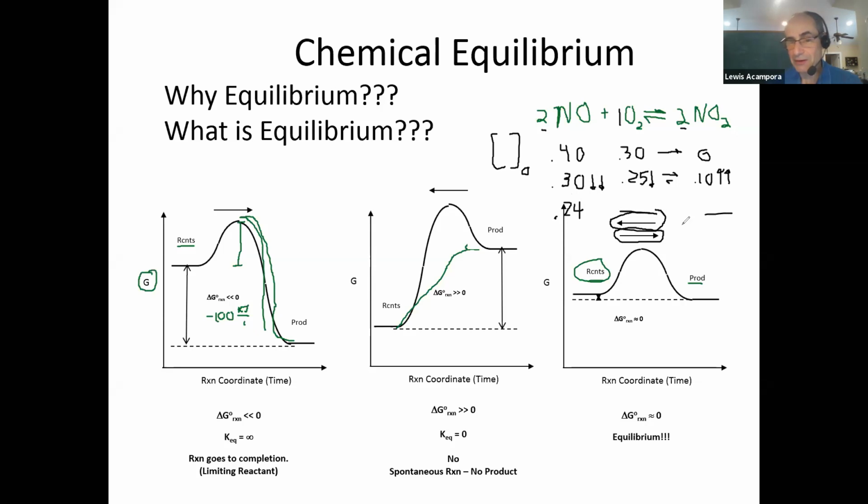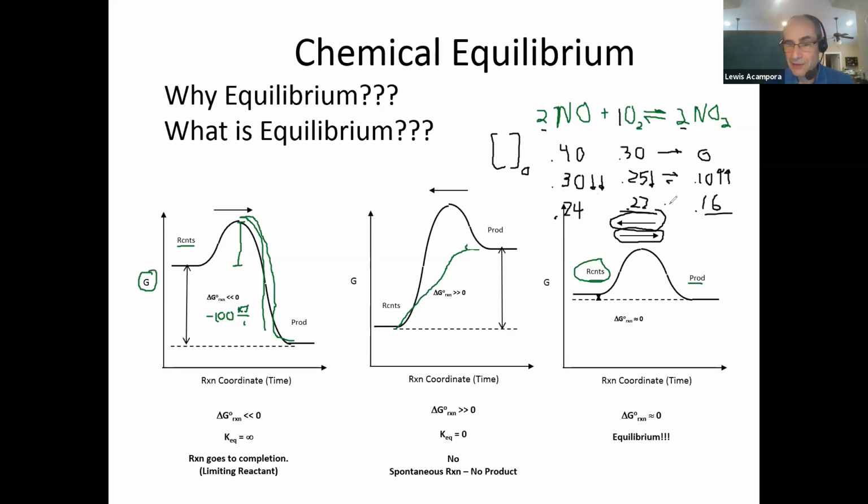So I'll give you a moment to think about that. And rather than wait for the chat box, we'll move along expeditiously and say, well, this decreased by 0.06, so that's going to decrease by 0.03 to 0.22. And now it's going to increase by 0.06 to 0.16.